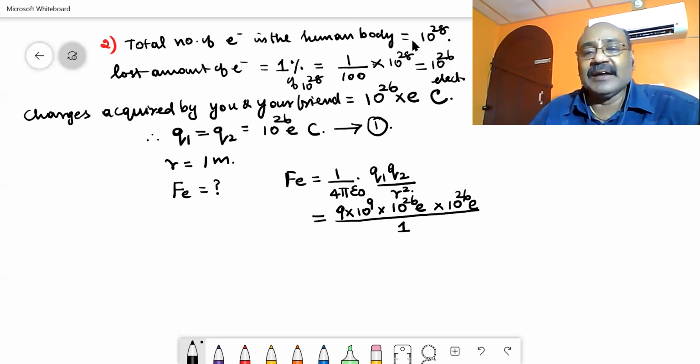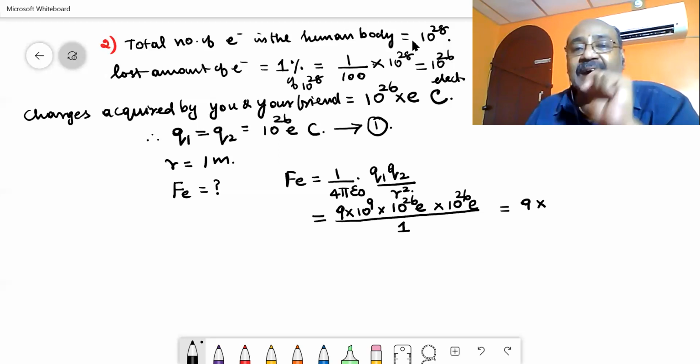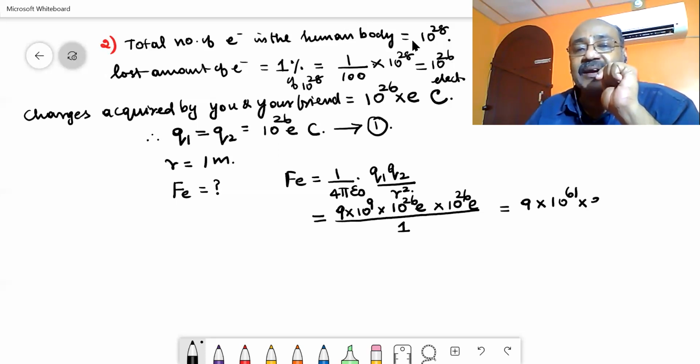This can be written as 9 into 10 power 26 plus 10 power 26, which is 10 power 52. 10 power 52 plus 9 is 10 power 61, multiplied with E into E. Then you get E square divided by 1 Newton.